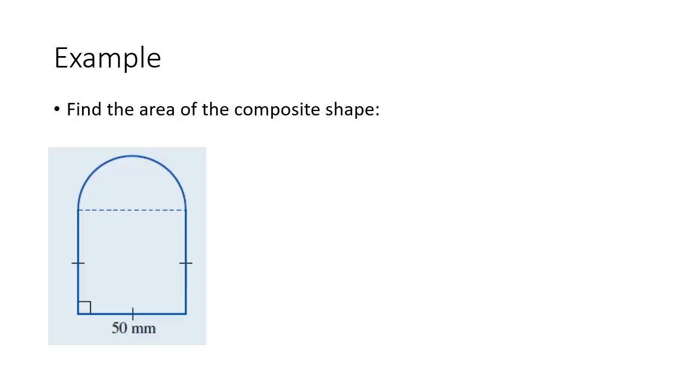So let's look at an example to actually find the area of a composite shape. So here we've got, well, I don't know really what this thing needs to be. It doesn't need to be anything in particular, but the main thing is that we need to think about the shapes that are present in our composite shape and think about other information there that's going to help us.